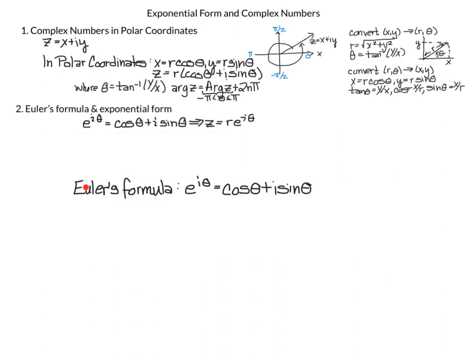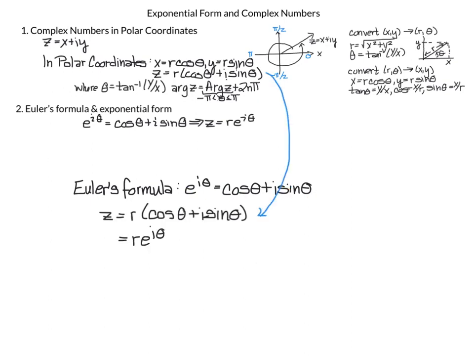But I'm just going to put the steps here where I have some more space. So we start off with Euler's formula, which is e to the i theta equals cosine theta plus i sine theta. That's this formula right here. And this formula you have seen before, probably in first year calculus. We're not going to prove this formula, but just to say that this is a familiar formula relating e to sines and cosines.